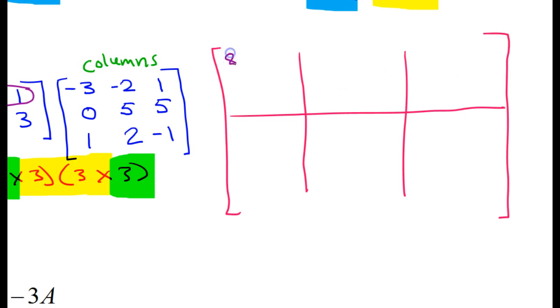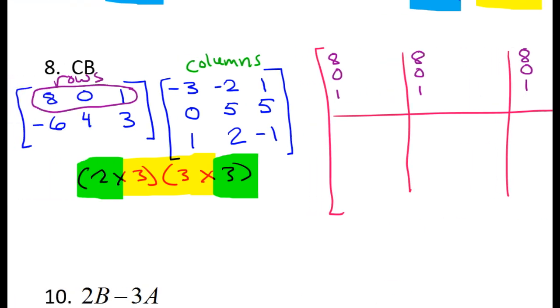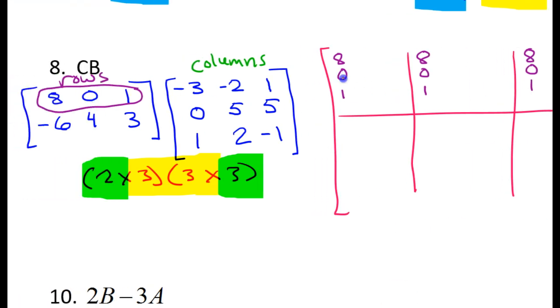Now don't be alarmed, even though it's a row, I'm going to write it vertically. But that just helps me do my calculations more easily. Alright, but the bottom line is the first row goes across the first row. Now the second row goes across the second row. So I'm going to put -6, 4, 3 across the second row.